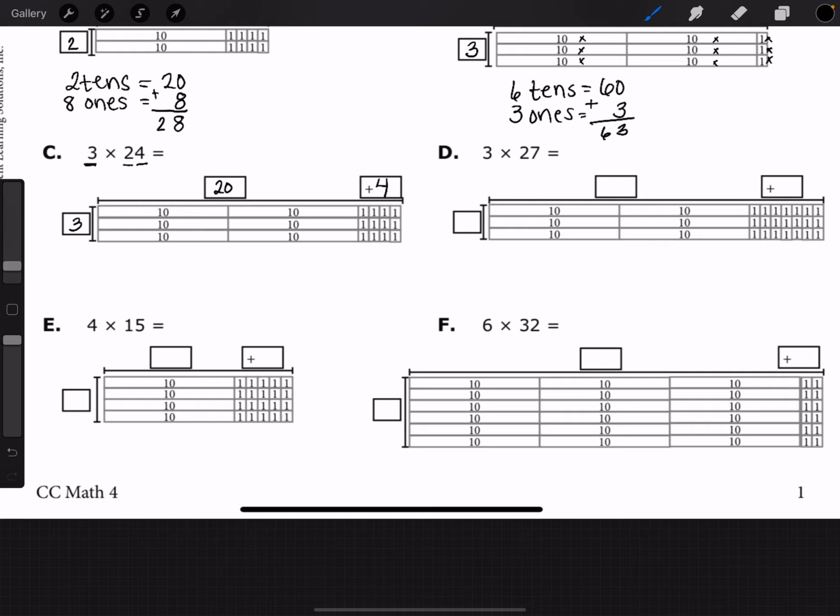And so we have 1, 2, 3, 4, 5, 6. We have 6 tens. And let's look at this. We have 1, 2, 3, 4, 5, 6, 7, 8, 9, 10, 11, 12 ones.